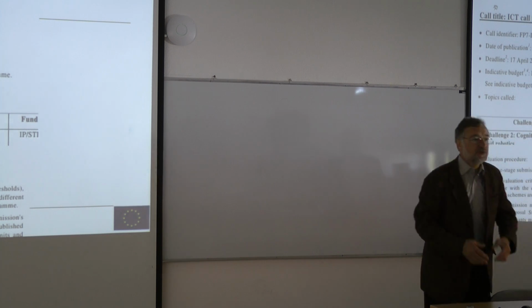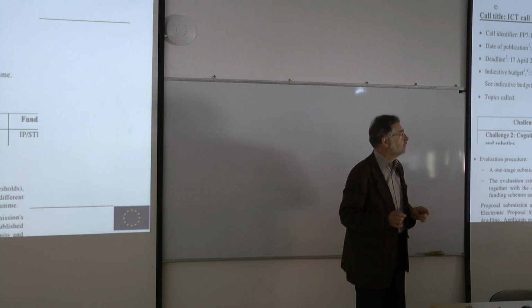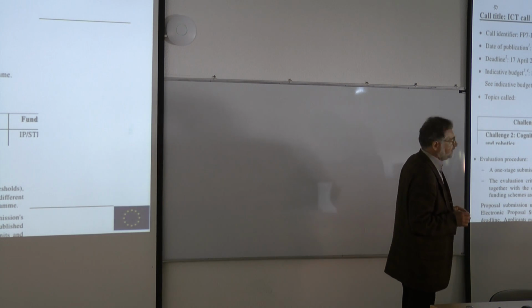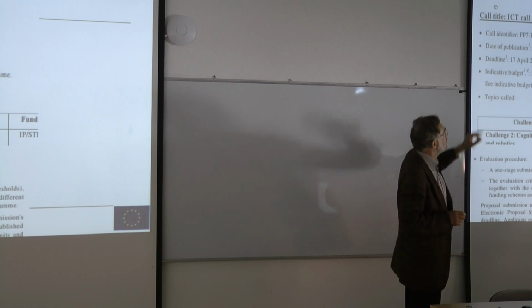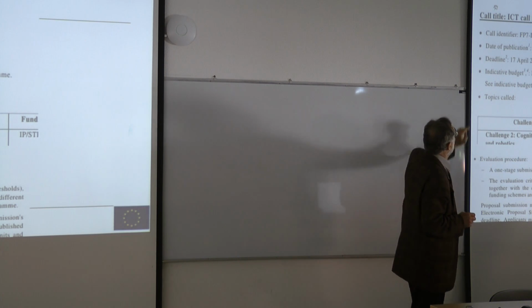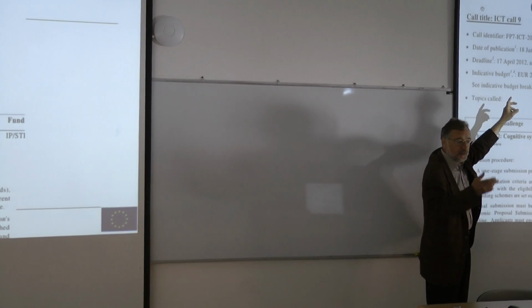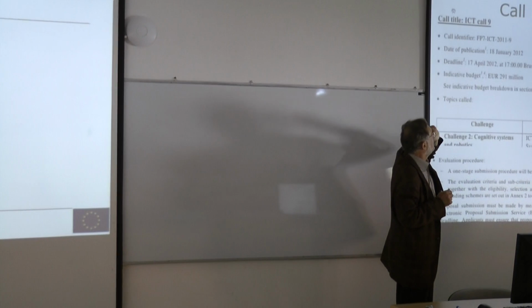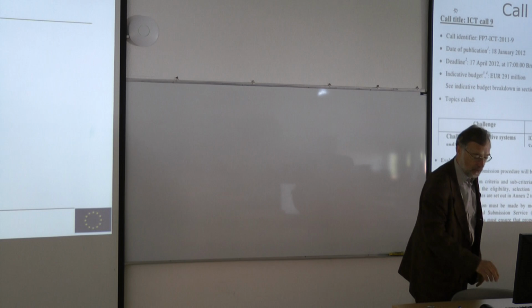This is a call fish. I said already, the call fish is a summary of a specific call. Here we have the example, ICT call 9, which goes back to 2011 as well. We have a call identifier, you see 2011 there, which is the year of the call, and the number 9, which is the number of the call.